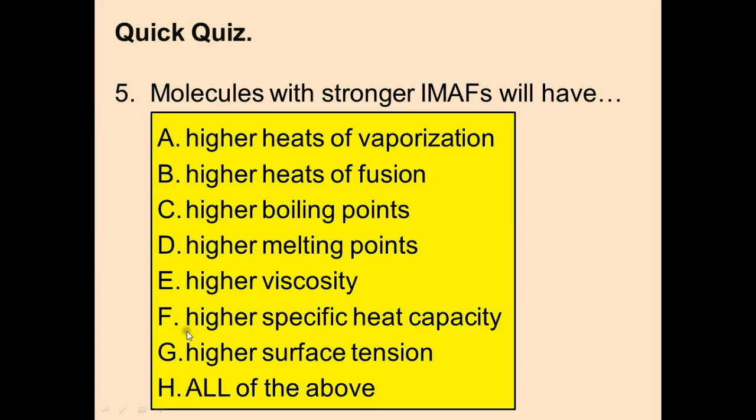And then G, higher surface tension is also true because if we have more strong connections, let's just say we have strings supporting some weight. So if we have a lot more strings, that means it can hold more weight. So let's just say we have 3 strings supporting a 10-pound dumbbell. And so if we have even more strings, like maybe 10 strings, the strings can hold it more and support more weight.